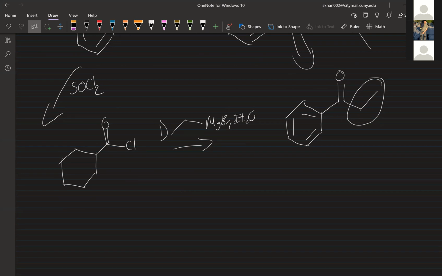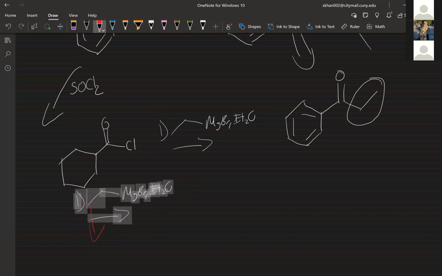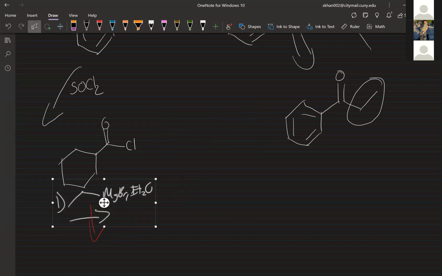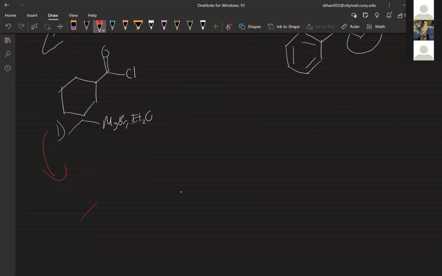Twice, right? So if we did a Grignard here, what we would get, let me draw this in a red pathway, basically, right? Let's move this down here as well. Yeah, let's actually just put this over here. If we went down this red pathway, we're going to get ethyl, ethyl.